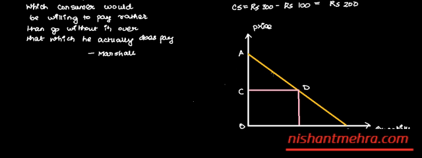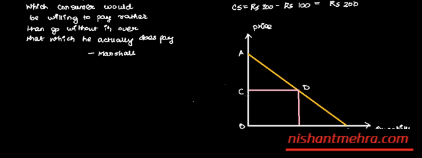This demand curve is actually showing the total utility which he is deriving from the successive units. So from first unit he's deriving this much, from second unit he's deriving this much, from third unit he's deriving this much. So that is falling, and so the area under the demand curve is the total utility which he is deriving, right? Now say the price which is being asked from him is OC, right?